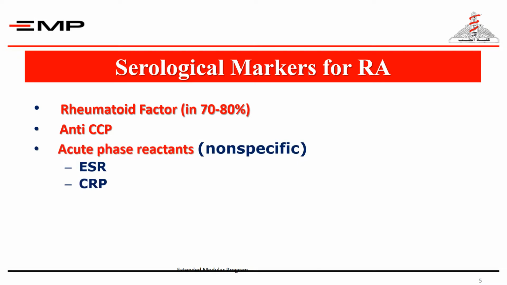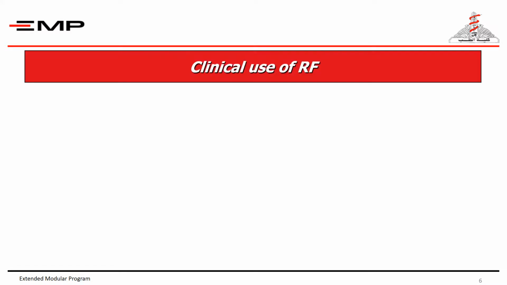The acute phase reactants, while they are non-specific, aid in assessing the activity of the cases. ESR and CRP titer, while they are elevated, can give us clues for diagnosing the activity of the case.